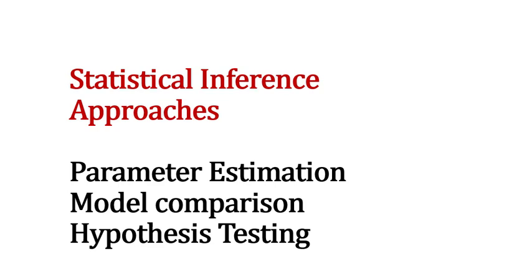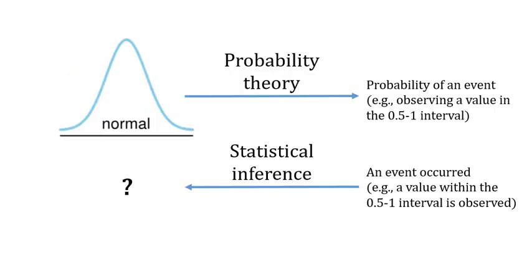So we've got some data and we use those data to make an inference, not just about the data, but about something else. So parameter estimation is the approach that I'm going to talk about in this video, but there are other approaches that I will talk about in other videos: model comparison and hypothesis testing.